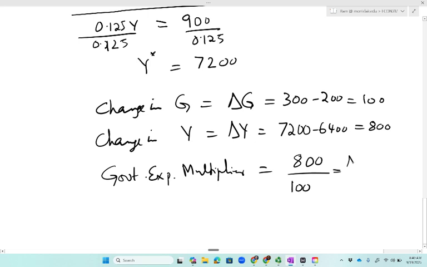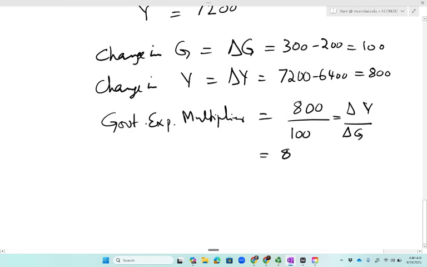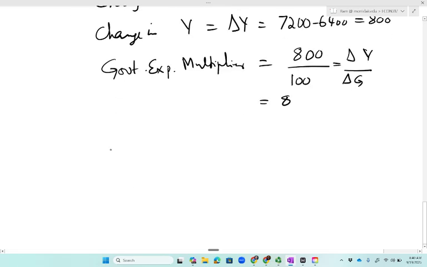Let me write it more formally: change in y over change in g, and you can see this turns out to be 8. So for every dollar increase in government expenditure, the economy grows by $8.